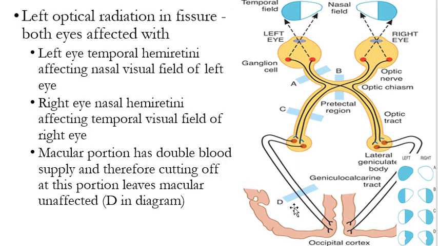So even though we have a lesion that is happening at D, you find that the macula may not completely be affected, because it has this blood supply that is coming in not from where the lesion is and affecting all these other fibers. So because of that, the middle component, the macula, will be left alone. The macula will be spared because of this double blood supply that it receives from another component aside from the ones feeding in together with the fibers coming in through D.